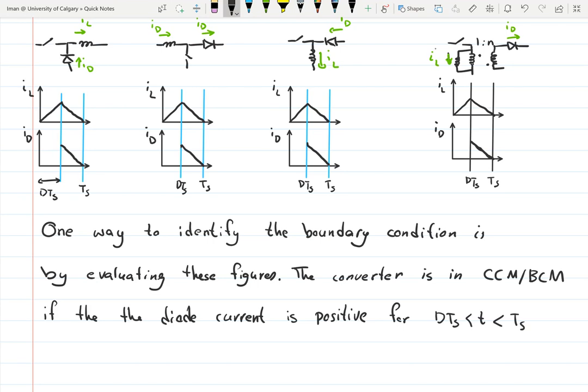Because if it reaches 0, then we would go into the DCM mode, right?